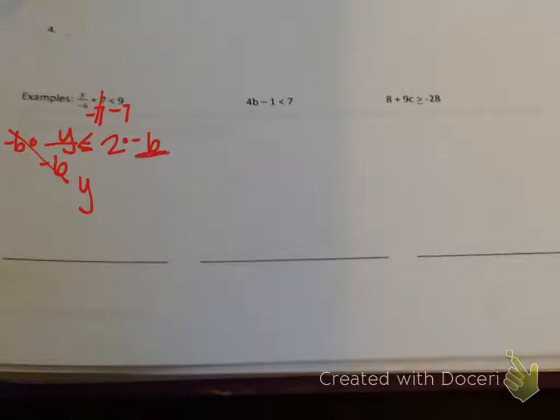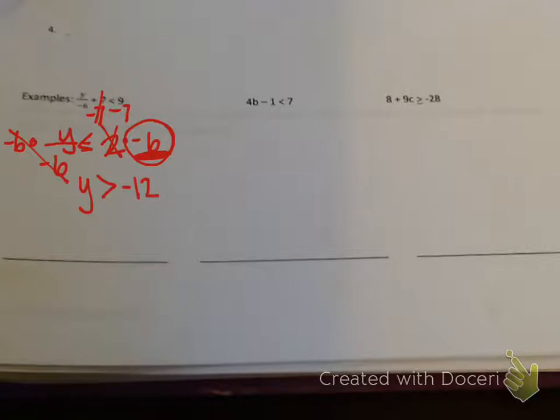I'm multiplying by a negative. This number doesn't count when we're talking about the negatives. Only this one that we're writing. So I multiplied by a negative, which means my inequality flips. 2 times negative 6 is negative 12.